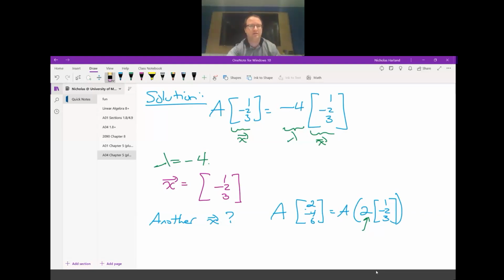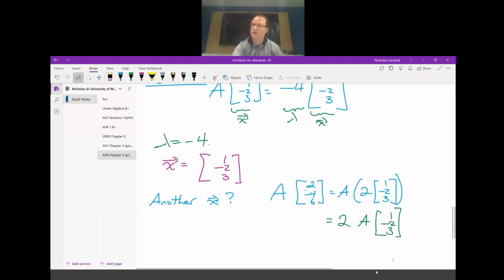Yeah, the other side of A. Not the other side of the equation, no. We might get a different lambda, we'll have to see. This is not an equation we're solving.